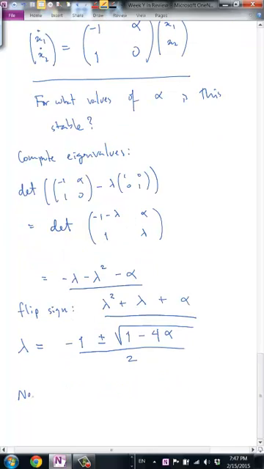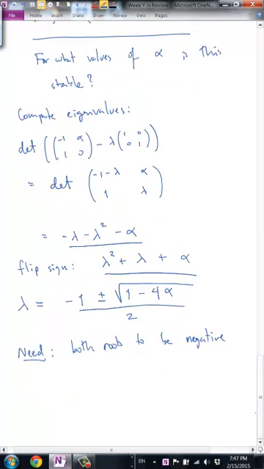So what do we need for stability? We need both roots to be negative, because everything is real here. So we need the real part to be negative, but everything is real, so we need them to be negative. We already have a minus 1, and then we have plus or minus, so we need this term to be less than 1.